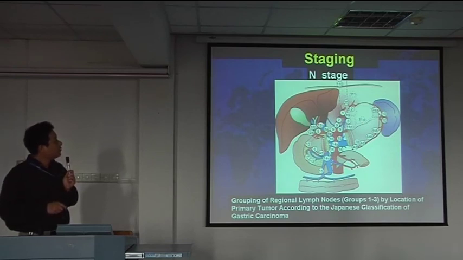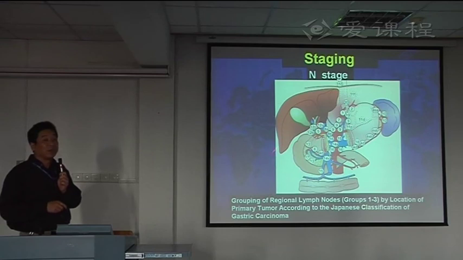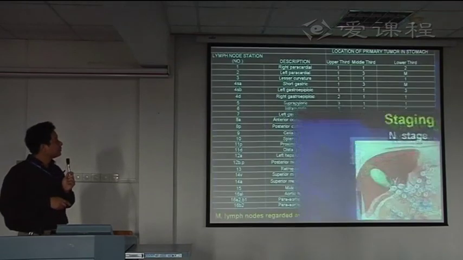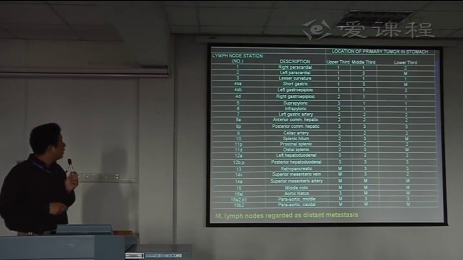But mainly, the lymph nodes are located along the blood vessels. When we master these words, it is easy to remember. Group 10 is near the pancreas and the spleen.